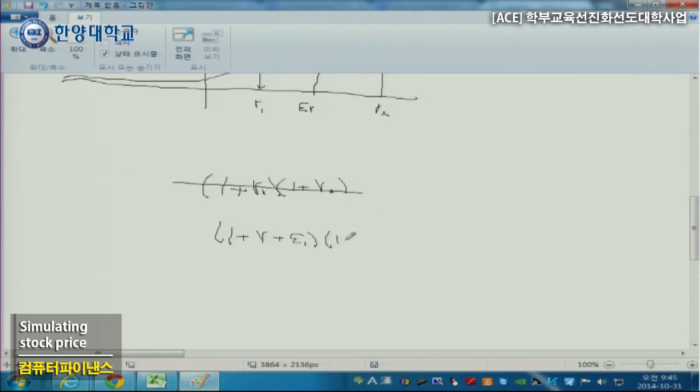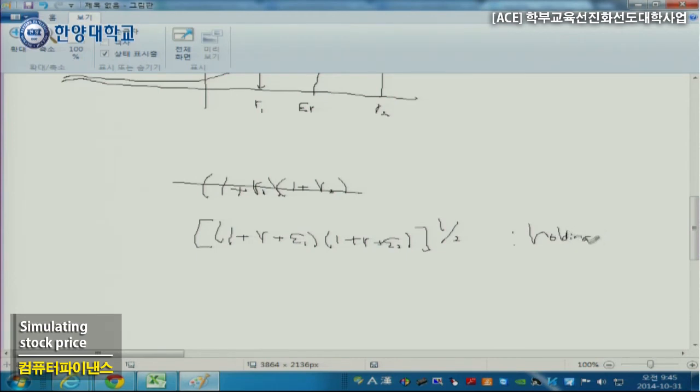And then it is a two period return, R plus epsilon 2. Our holding period return for these two periods is this entire thing multiplied by 1 over 2. Right? And this is our holding period return.